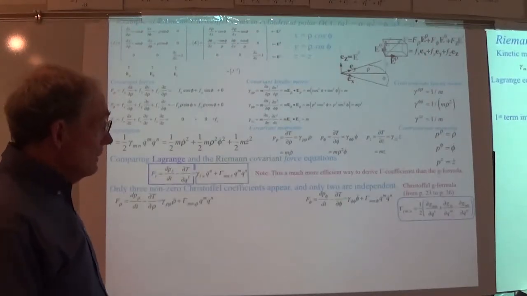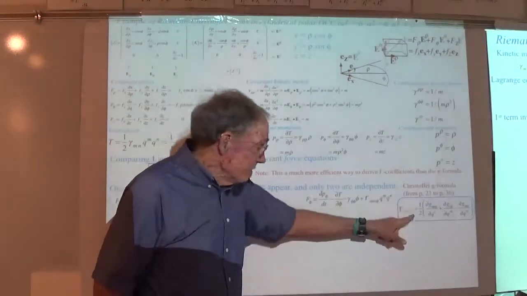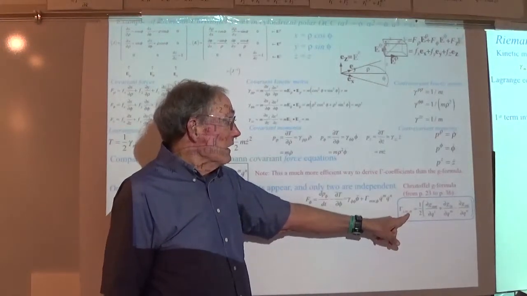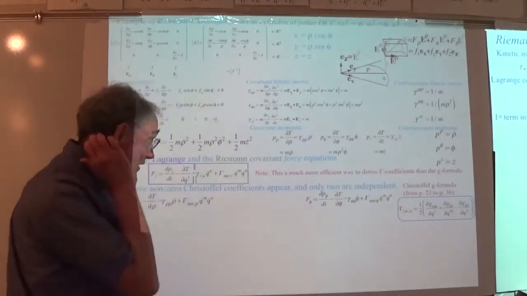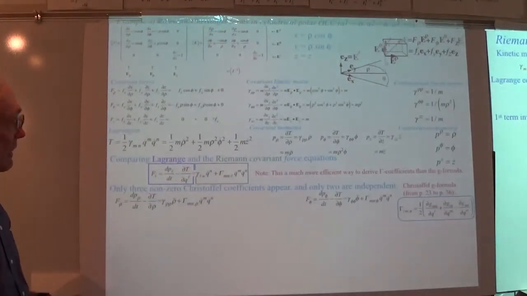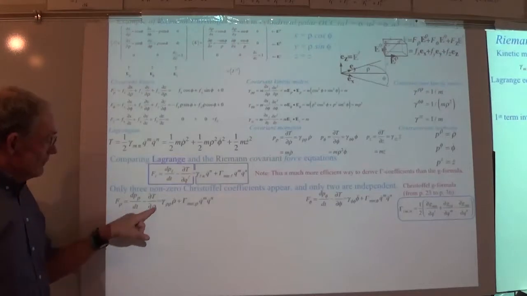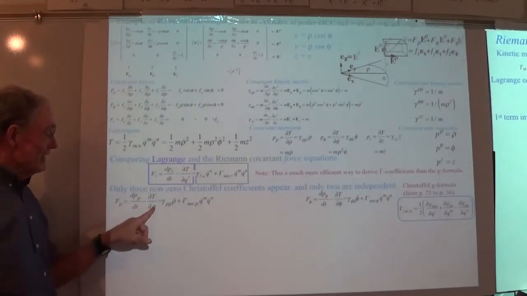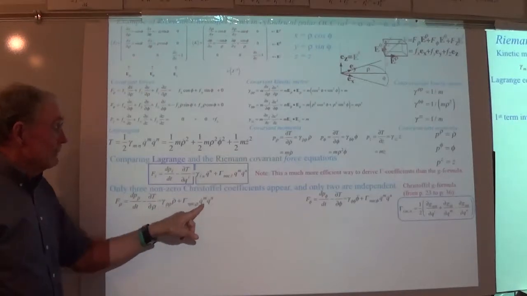So I'm holding this up to you as a much more efficient way to get these things. Okay, instead of using this formula and going through all 8 of the possibilities, we just go ahead and force the thing to give us, by this four-wheel drive equation here, the Christoffel form.